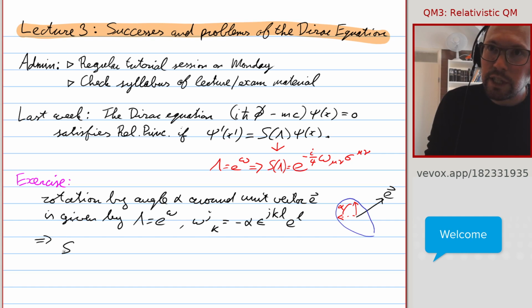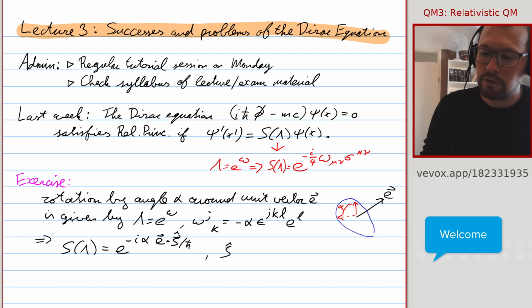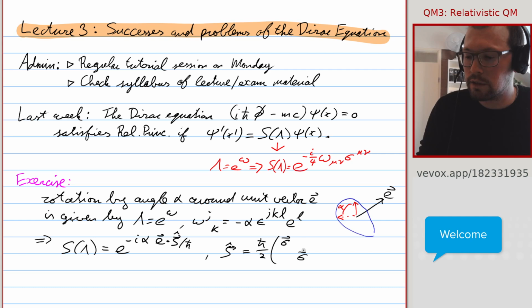And then you will check that the corresponding matrix acting on spinors is given by the inner product of this vector, the unit vector E, with the spin operator, and then exponentiated, where, if you recall, the spin operator is this matrix sigma.